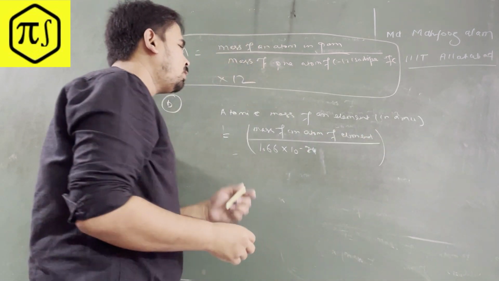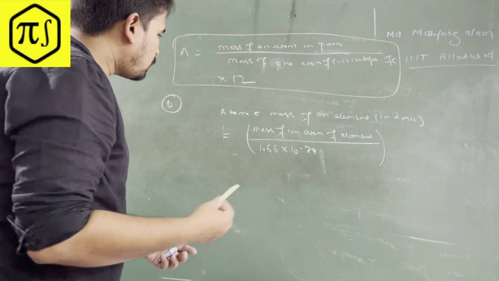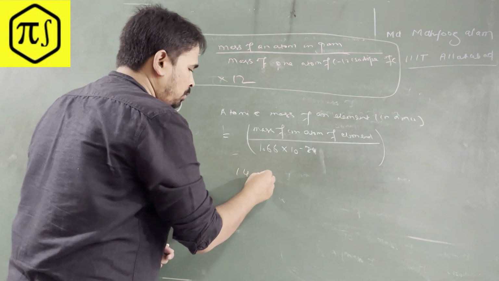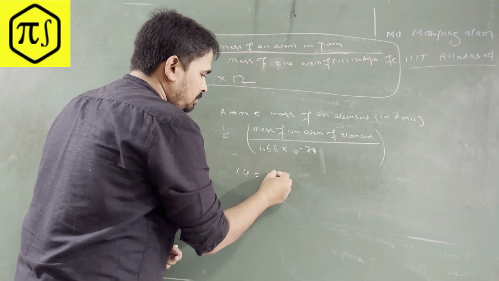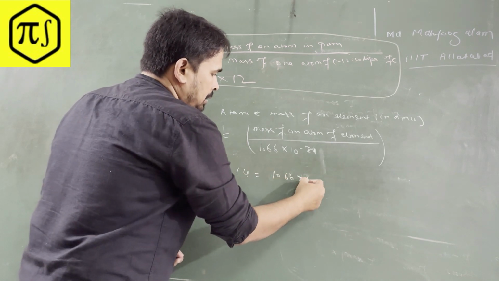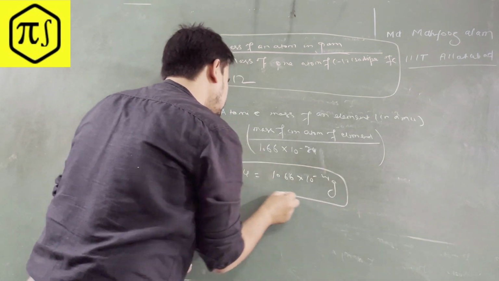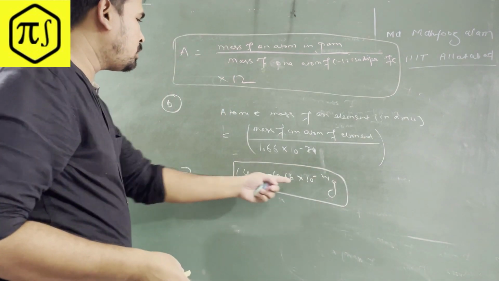So this is again one way, this derivation. Here again guys, it's very basic. You know 1 U equals 1.66, right? This one. Now here 1 U equals this one.